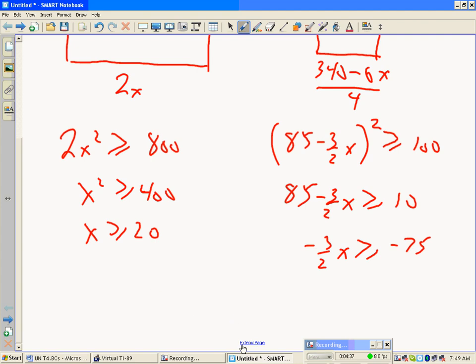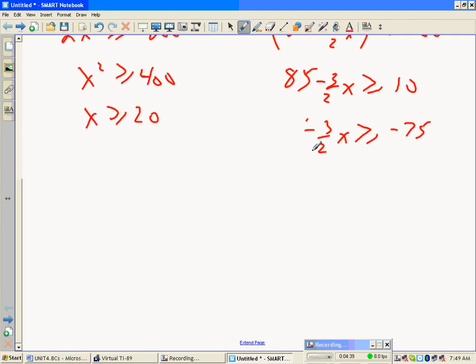And if we multiply, well, how do we get rid of this thing? Divide by negative 3/2 or multiply by negative 2/3? What happens when you multiply an inequality by a negative amount? It switches, so we get x is less than or equal to what? Negative 2/3 of this is what? 50, right? A negative times a negative is a positive. A third of 75 is 25 times 2 is 50.